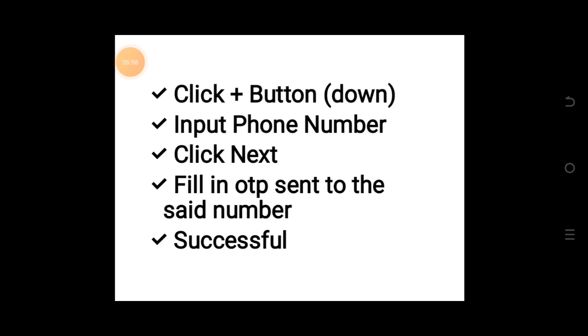Very simple process. It doesn't take time at all. So just go ahead to avoid the danger of not being able to access the NIMC mobile ID app, maybe in the future, if you lose the one phone number you registered with before. Just quickly do it now to save yourself the stress of having to go to their office.